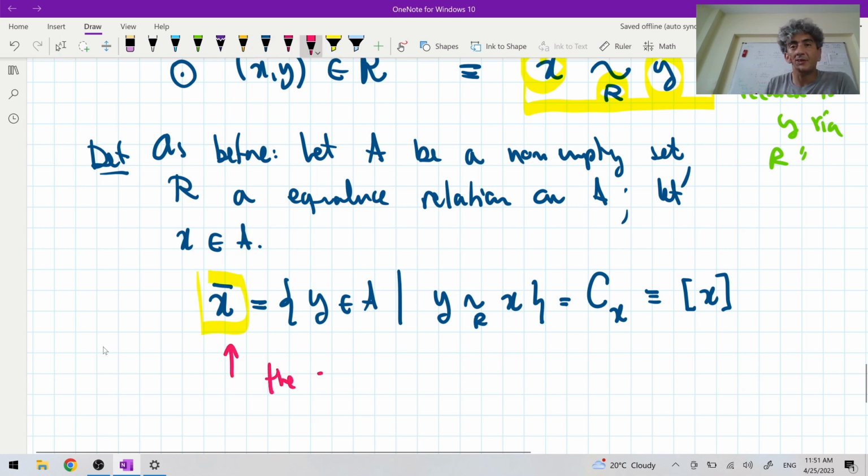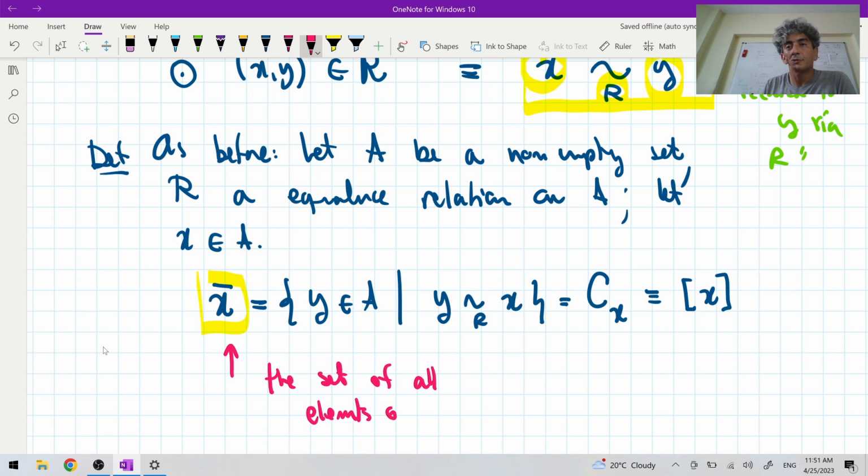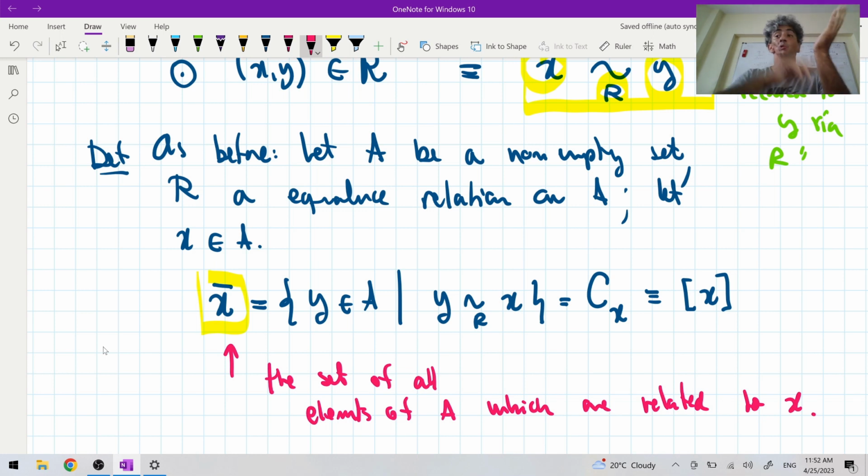The set of all elements of A which are related to X. So first of all, this set is non-empty, right?